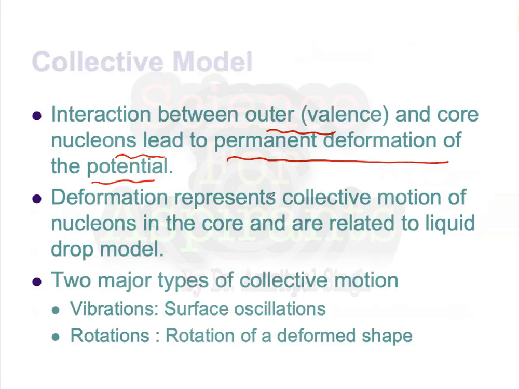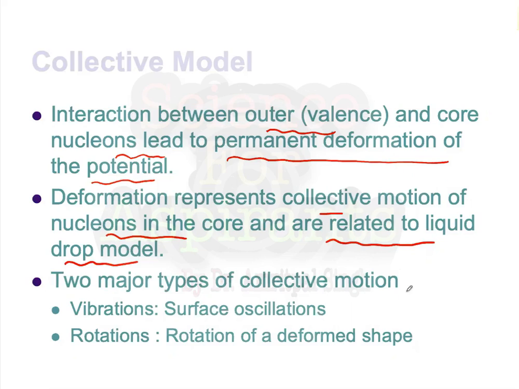This deformation represents the collective motion of nucleons in the core, and it is related to the liquid drop model. So he combined these two models. He used the concept of the liquid drop model as well as the shell model, and he explained this model.